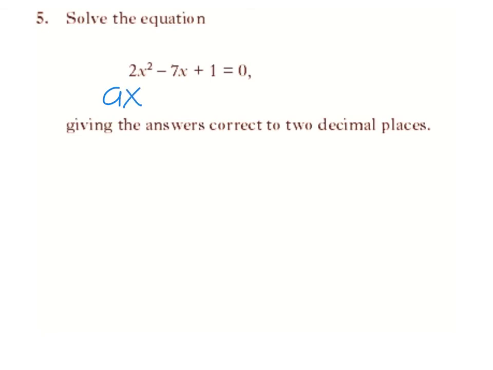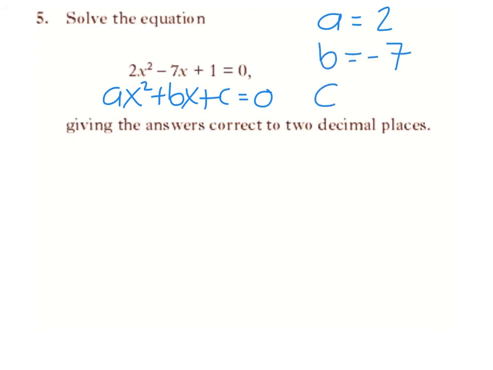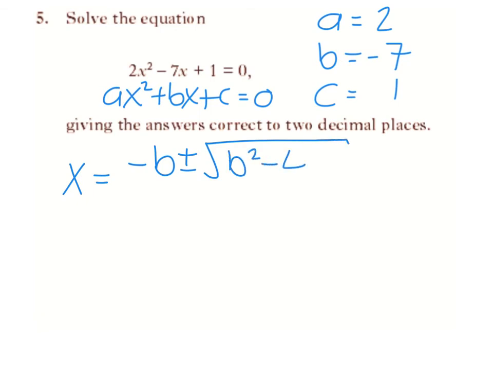So our quadratic is of the form ax squared plus bx plus c equals 0. That means that our a value is equal to 2, b is equal to -7, and c is equal to 1. The quadratic formula is x equals -b plus or minus the square root of b squared minus 4ac, all over 2a.